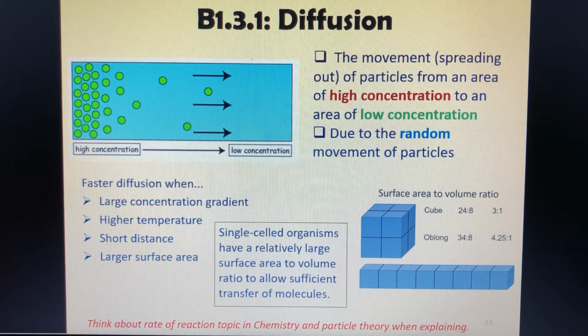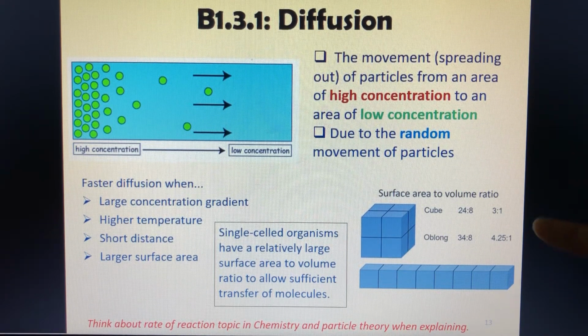I've done an example here on the bottom right corner where I said, okay, imagine that the cube is like a desert fox or something, and then the long oblong is like a snake. And we're looking at the surface area to volume ratio, and they do this where they get you to work out the surface area of an object, then work out the volume and compare it.